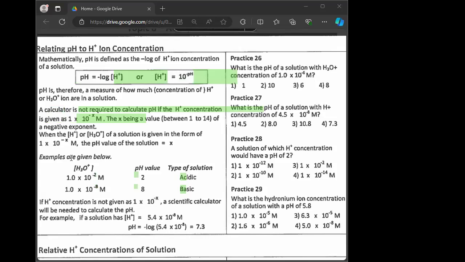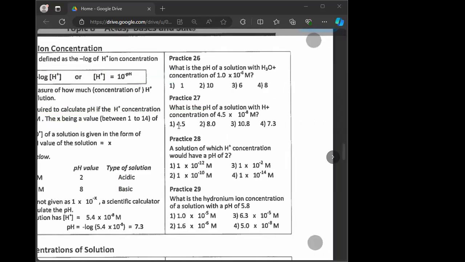Okay, so let's take a look at this one. It says, what is the pH of a solution with a hydronium ion concentration of 1 times 10 to the negative 6?